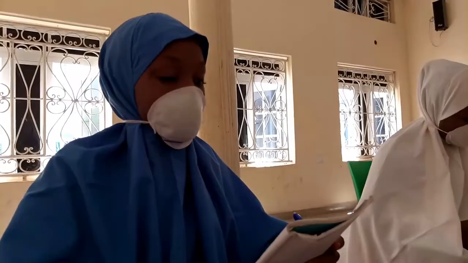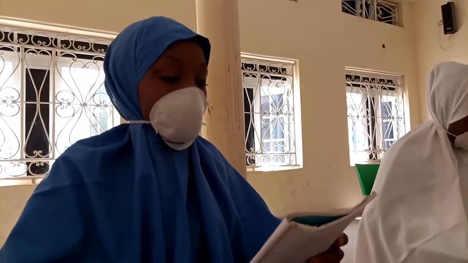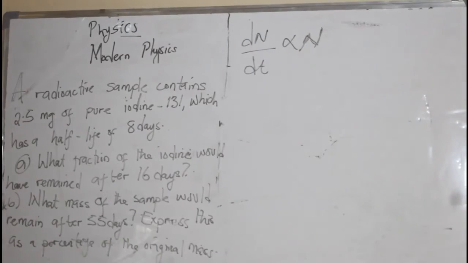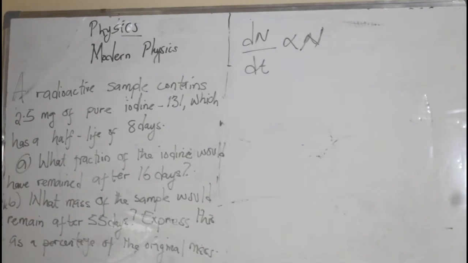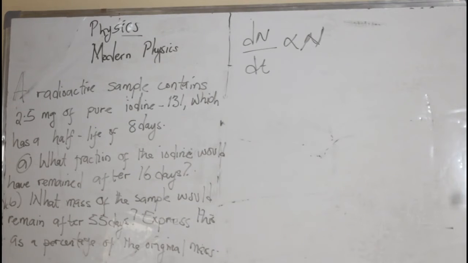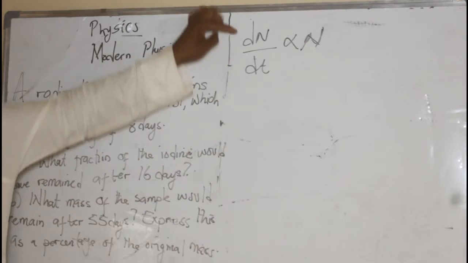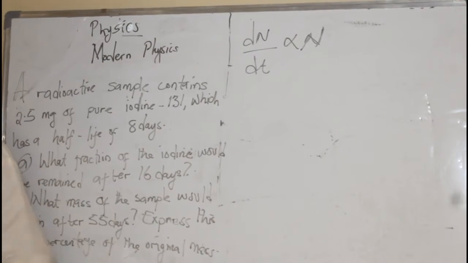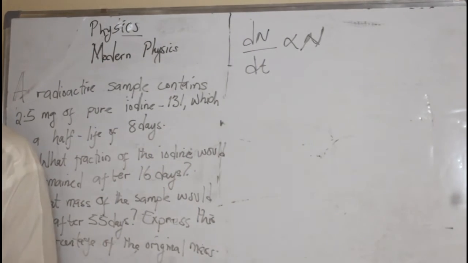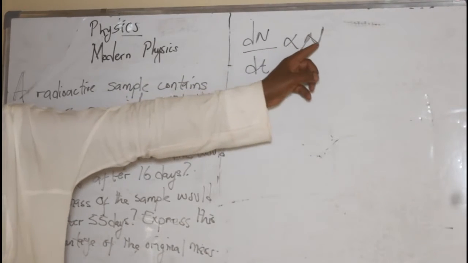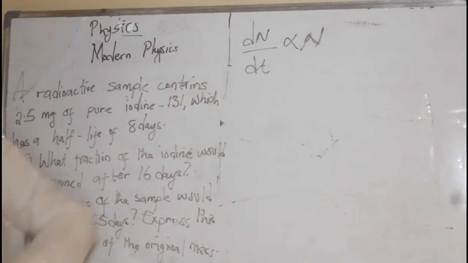For example, if you have 25 grams of uranium, or let's say plutonium, disintegrating, you don't expect to have the same rate of disintegration as when you have, let's say, 10 grams. So what this relationship is saying is that the rate of disintegration, dN/dt, is proportional to the number of elements initially present.